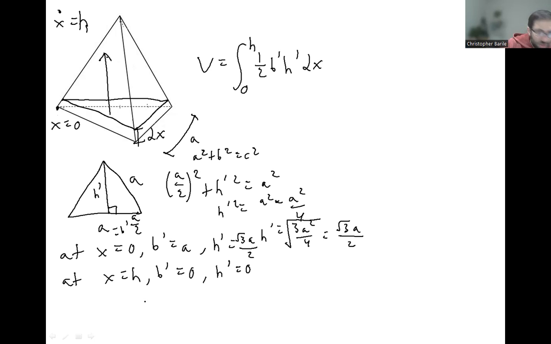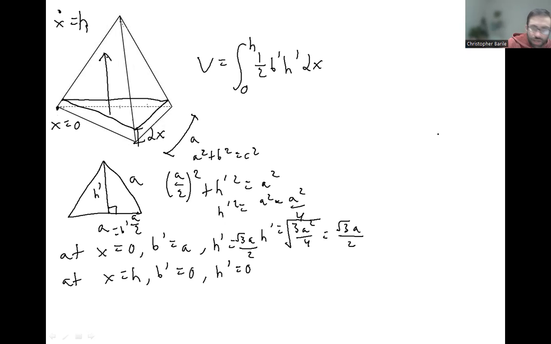All right, so at this point we have 2 different points. And we know that the area of this triangle, because there are lines here across the pyramid, as we go from 0 to h, is linearly decreasing. The base is linearly decreasing as we get to the top of the pyramid, and so is the height.